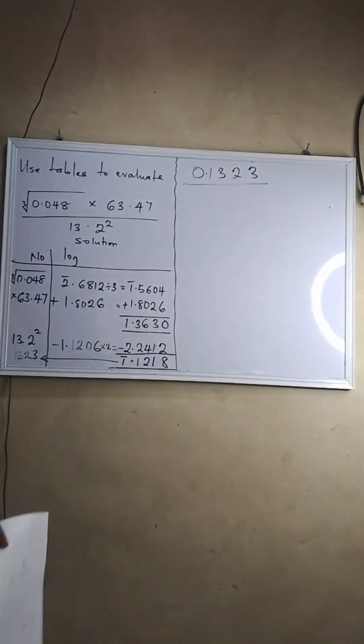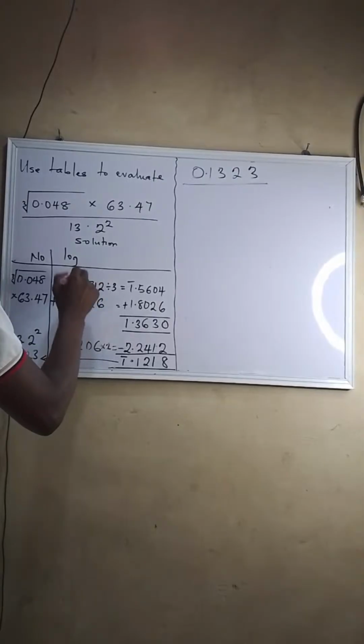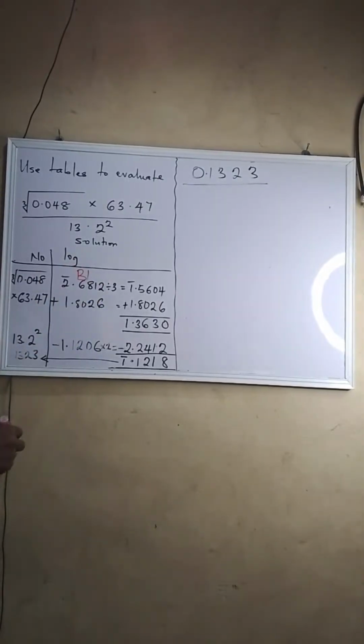Now let us see, if this is to be marked, what and what will be marked. Now, for finding the logarithms of this correctly, there will be a block mark for that, B1.